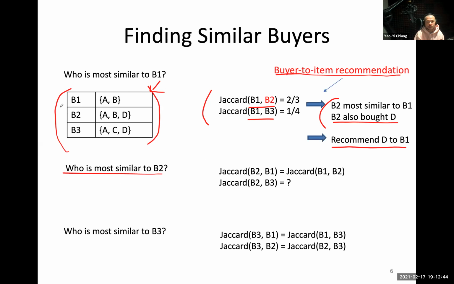And now we are looking at B1. We want to recommend items to B1. So based on their purchasing history, we first identify the most similar users to B1. And in this case, the most similar user is B2, right? Not B3, because the Jaccard similarity between B3 and B1 is what? What's the intersection?